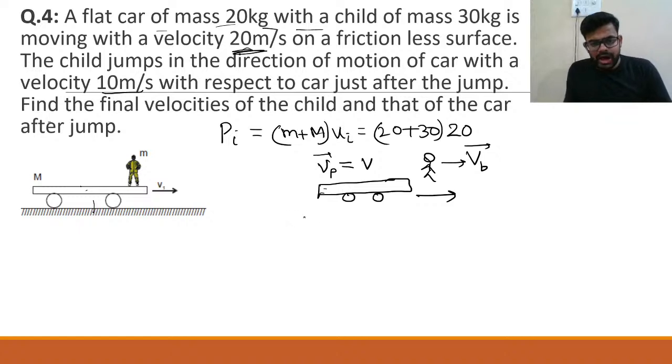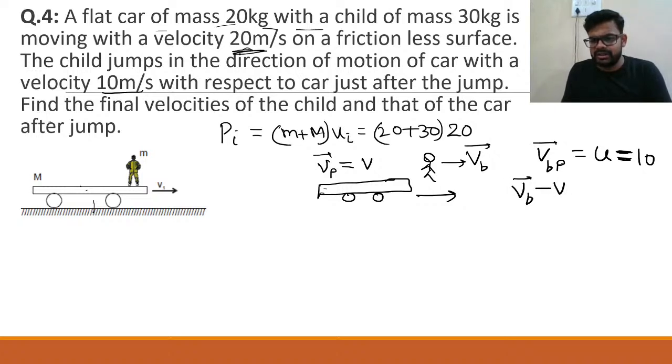It is given that the velocity of the boy with respect to the car is u, and its value is 10. So I write Vb minus Vc equals 10.